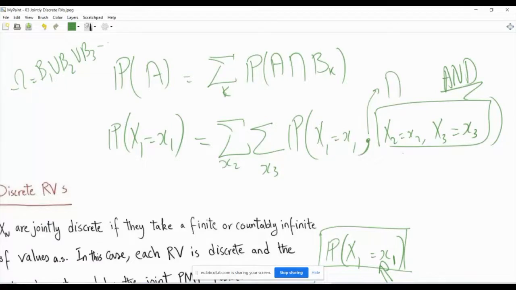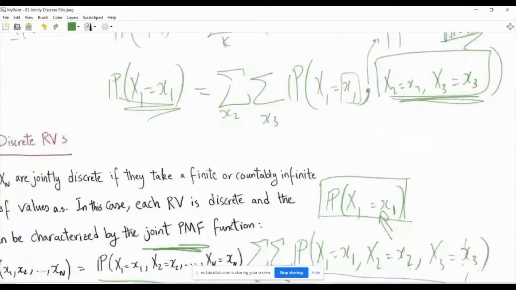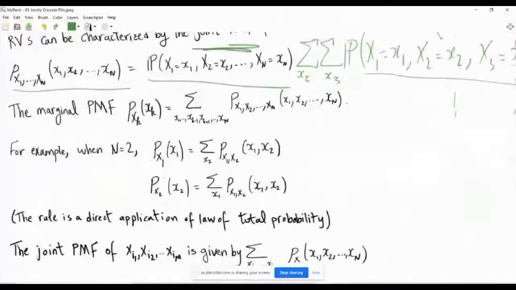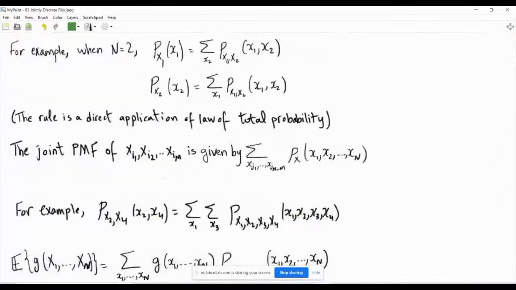By summing over those variables and keeping X1 fixed at one of its possible values, we obtain the probability that big X1 is equal to x1. So marginalization for discrete random variables with a joint PMF means that if you are interested in the PMF of one of them, you sum over the others, and you can extend this idea, right?